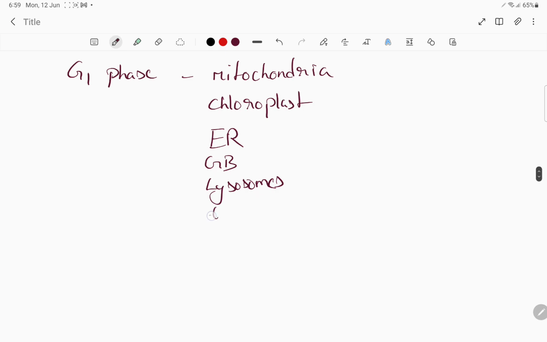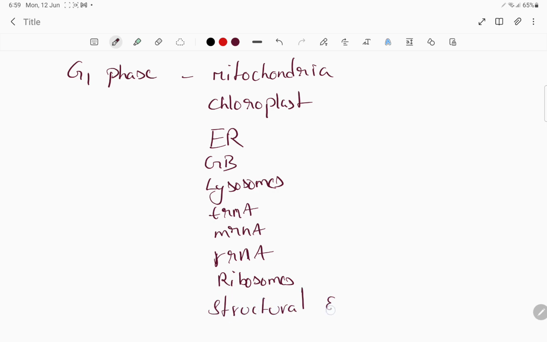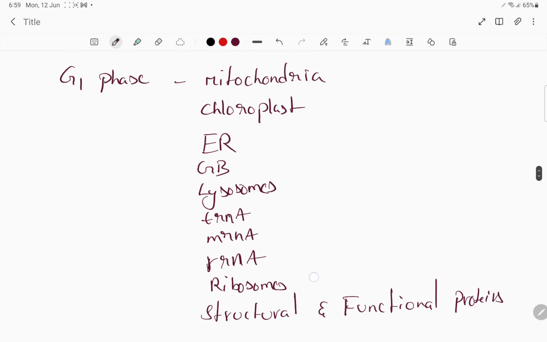Also tRNA, mRNA, rRNA, ribosomes. The metabolic rate of the cell is very high. Structural and functional proteins are formed. During this phase, the cell will undergo the process called differentiation.